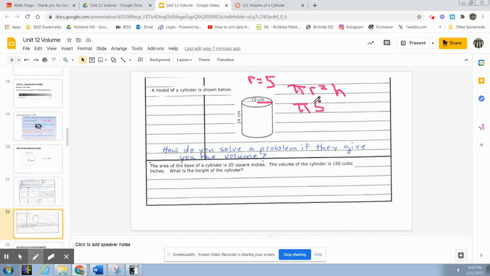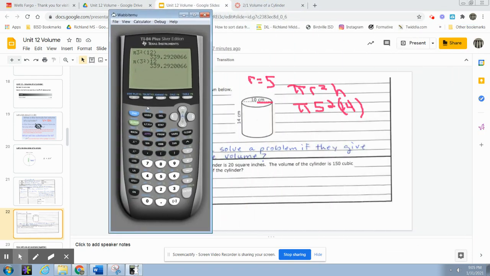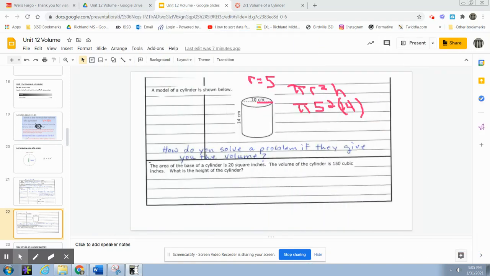So we're going to hit pi, 5 squared, times the height of 14. I'm going to put that in parentheses. Let's see what we get. Second pi, 5 squared, times 14. You should get 1099.55. Okay?